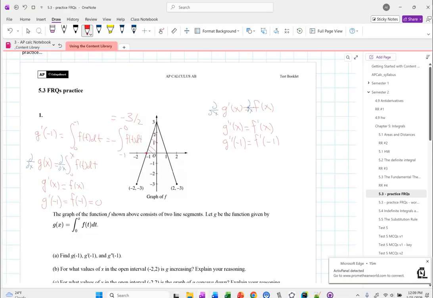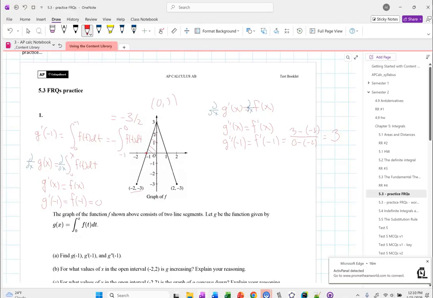The slope of f at -1. Notice that at -1, f is a straight line. So I can literally just calculate the slope of that line segment. So this is like 0, 3, and that's -2, -3. So we get 6/2.